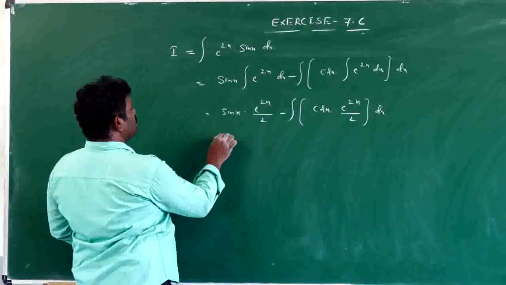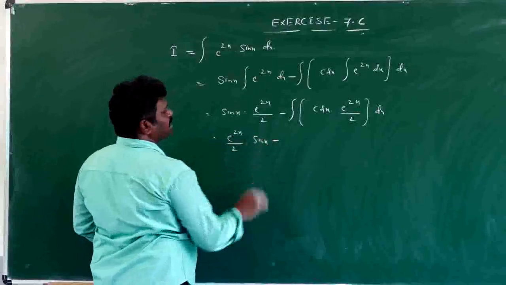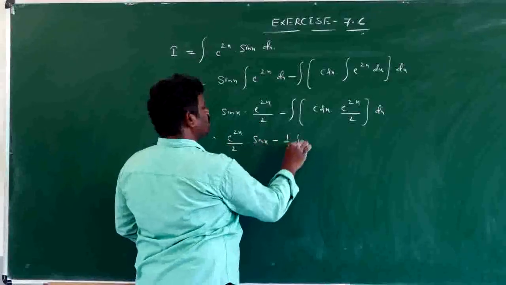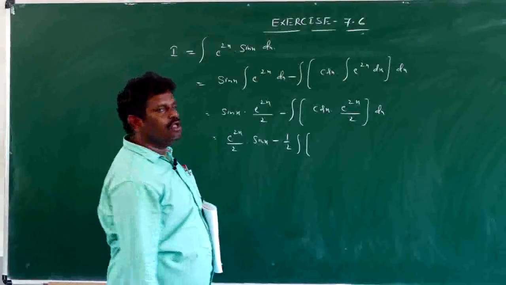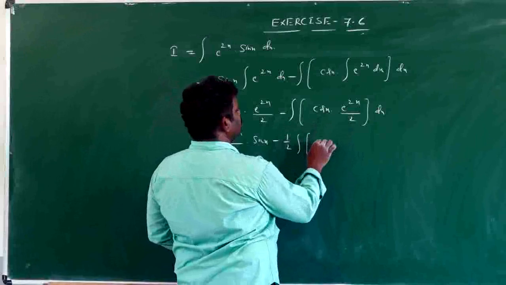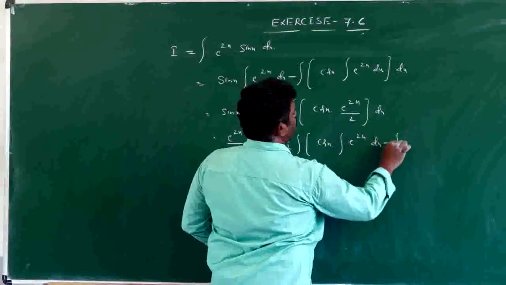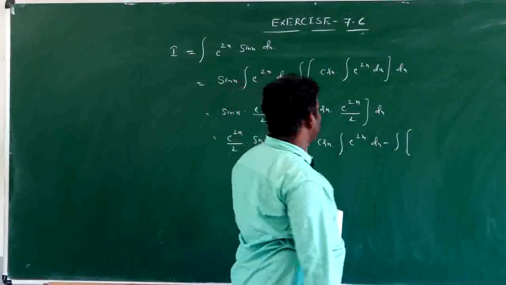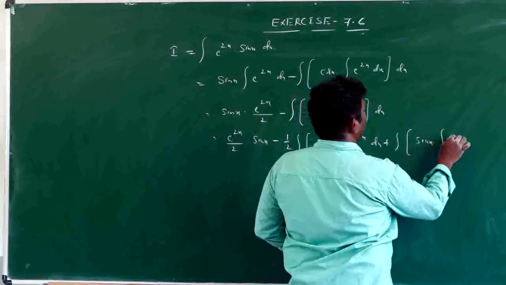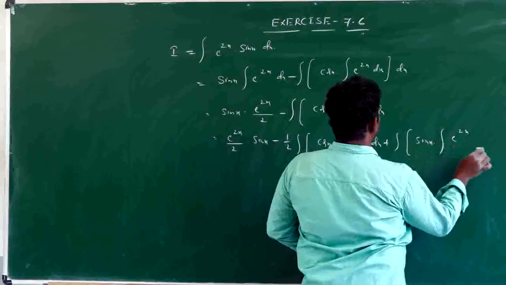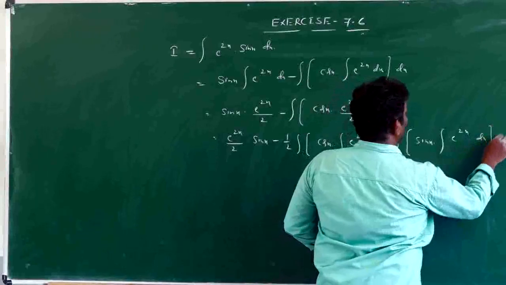So now here, this value is e^(2x) by 2 into sin x minus 1 by 2 integral, again applying the by parts formula to cos x into e^(2x). So cos x is the first function: cos x integral e^(2x) dx minus integral of the derivative of cos x, which is minus sin x, so minus sin x integral e^(2x) into dx, whole dx.